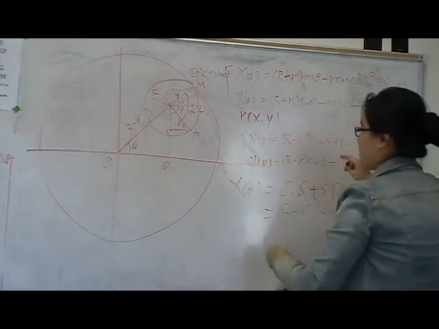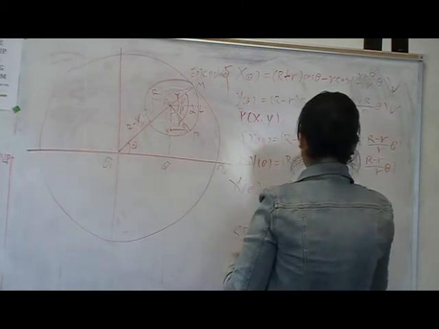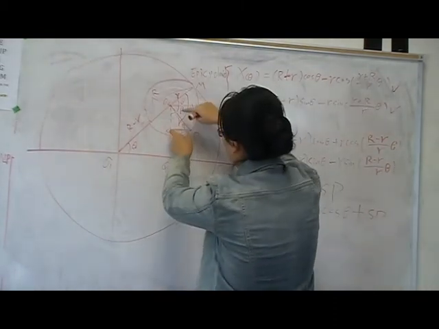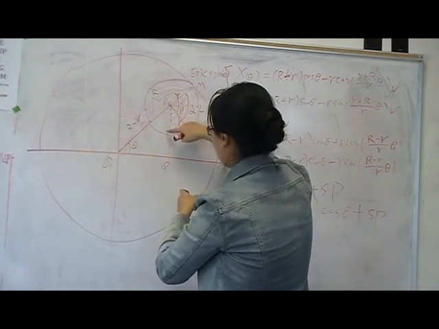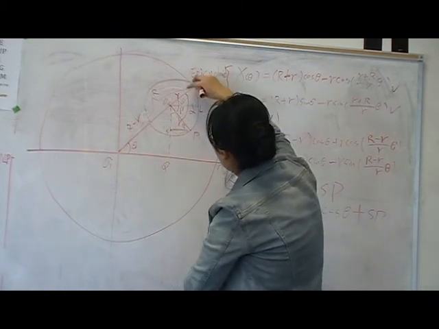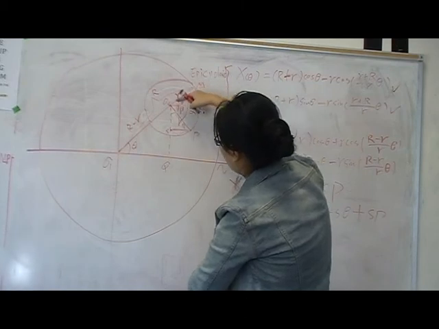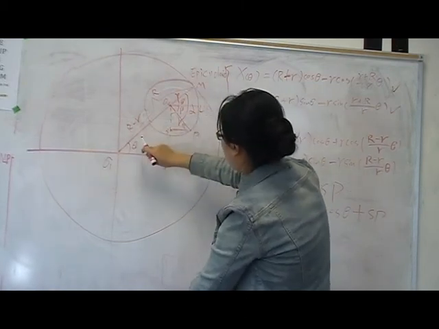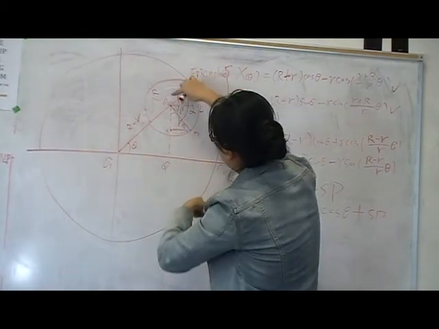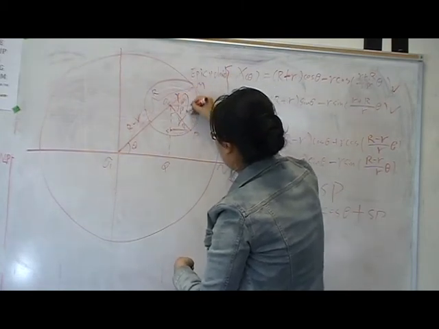And next, we try to figure out SP. So SP is in this small triangle, O2SP. And this angle here is theta, which is the same as this angle. It's also theta. And the angle MO2P, that's alpha.